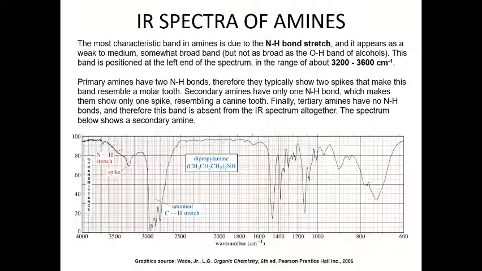This band is positioned at the left of the spectrum in the range of 3,200 to 3,600 inverse centimeters, as you can see here. This spike is very typical of the amine. Since primary amines have two NH bonds, they typically show two spikes that make this band resemble a molar tooth.